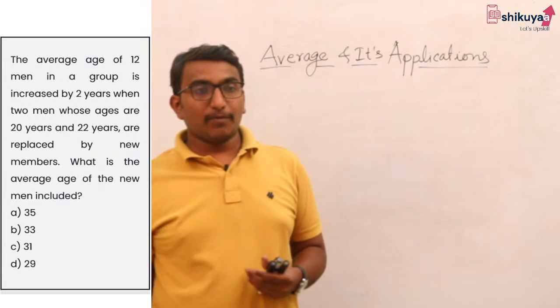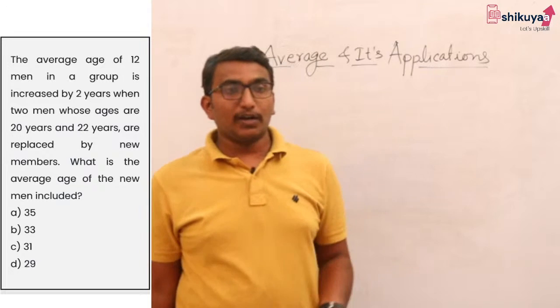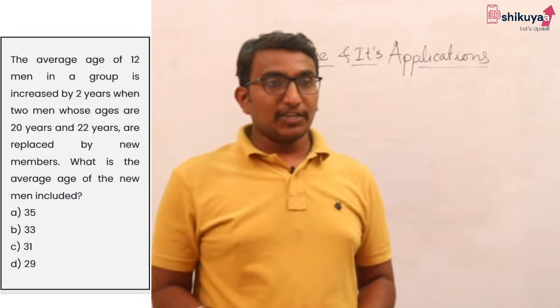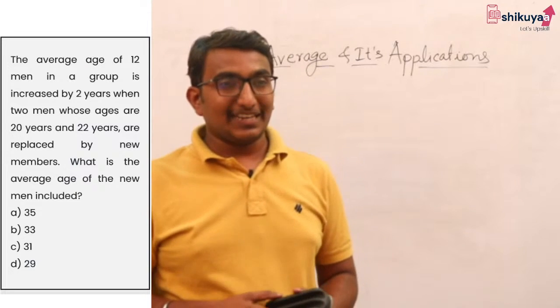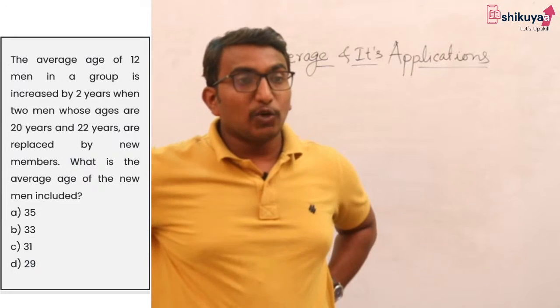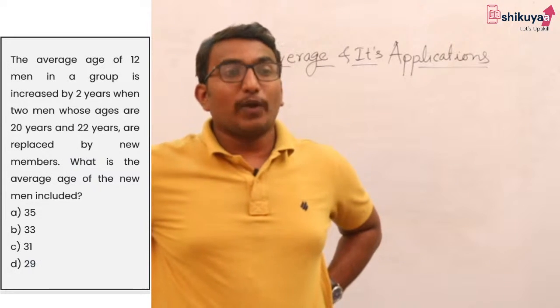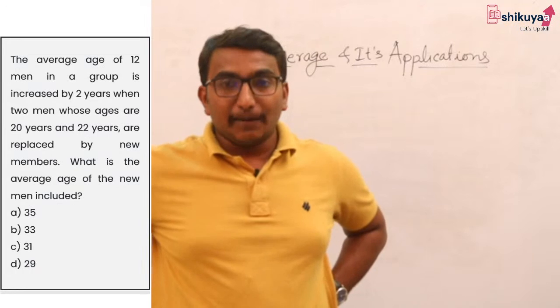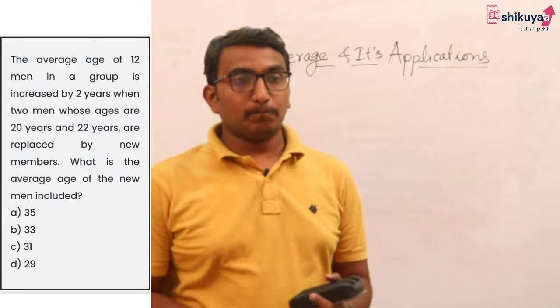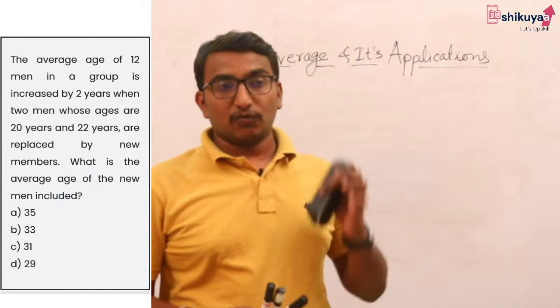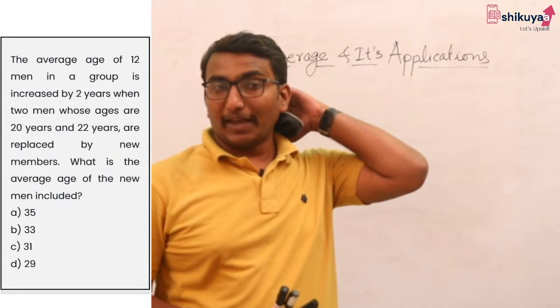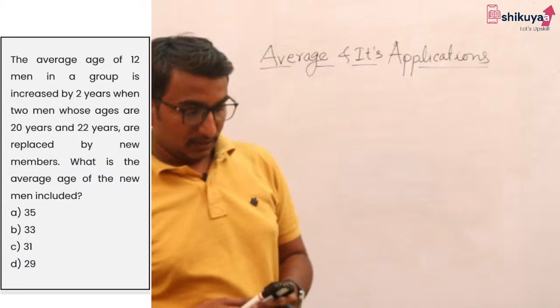This is the same type of problem which we have solved earlier. The average age of 12 men in a group is increased by 2 years when 2 men whose ages are 20 years and 22 years are replaced by new members. What is the average age of the new men included? Try to understand.